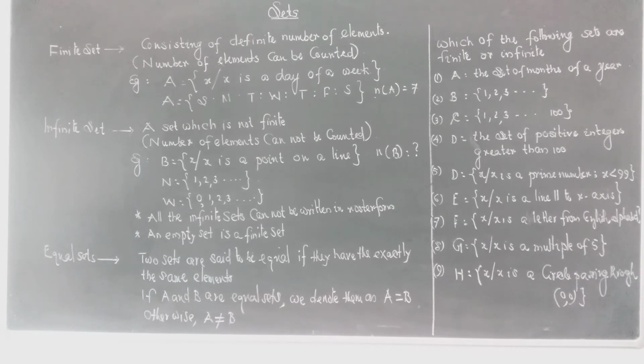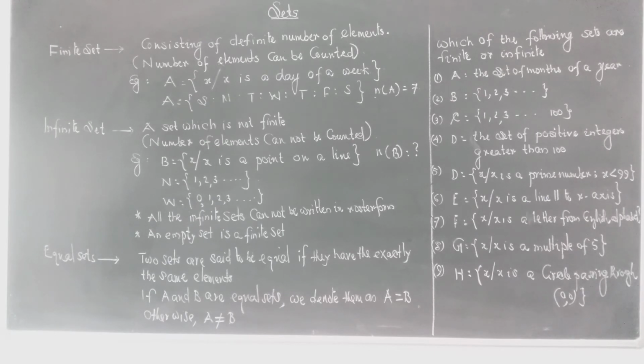You need to say whether this set is finite or not. C is equal to the set 1, 2, 3, and after some dots there is a last number, 100, which means the elements range from 1 up to 100. You need to say whether C is a finite set or infinite set.